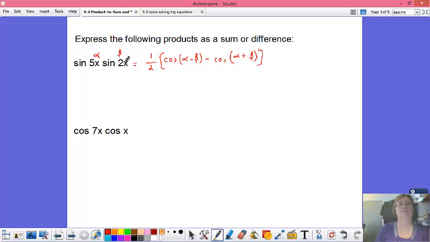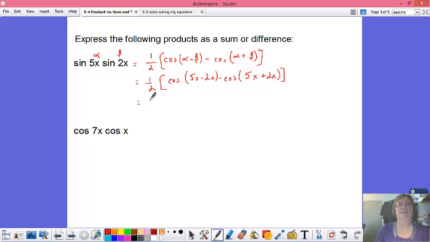Okay, well, let's just plug in what we have. Our alpha is 5x, our beta is 2x. So we're going to be 1/2 times the cosine of 5x minus 2x minus the cosine of, and now it's the sum of the two angle measures, so 5x plus 2x.